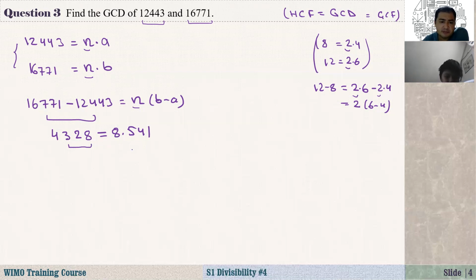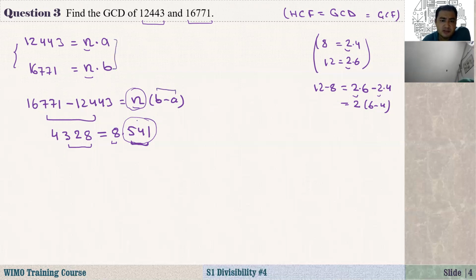Here, this 541 is a prime number. So that means 4328 must be divisible by 541, that is a common factor. This is our N. Why is it not 8? Because the actual difference and these numbers are small numbers.